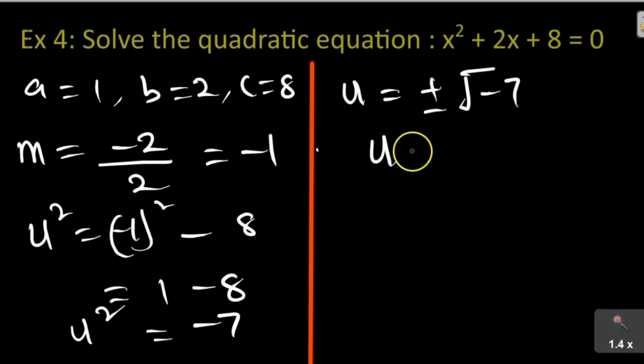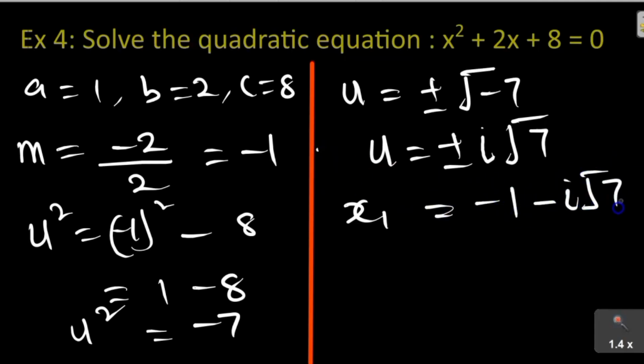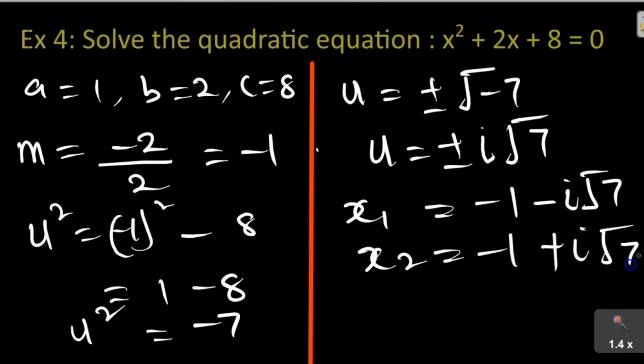Because of this negative sign, we are producing an imaginary term i, so i root 7. x1 will be minus 1 minus i root 7, and x2 will be minus 1 plus i root 7.